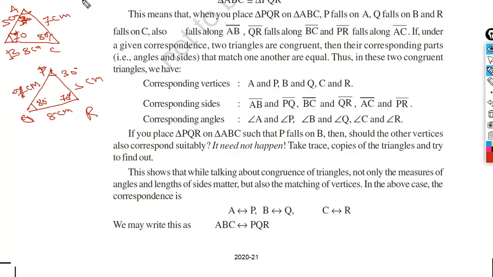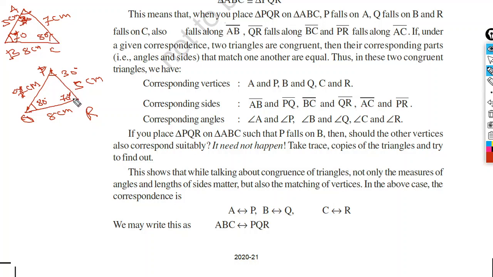Okay, now can we say triangle ABC is congruent to triangle PQR? Look at the figure. Here you see the sides 8 cm, 8 cm, 7 cm, 7 cm, 5 cm, another side 5 cm. That means all sides are the same. All angles are also the same: 30 degrees, 30 degrees, 80 degrees, 80 degrees, 70 degrees, and 70 degrees.